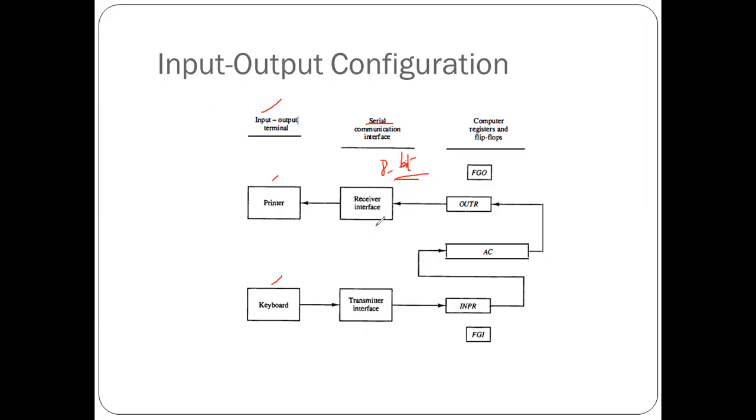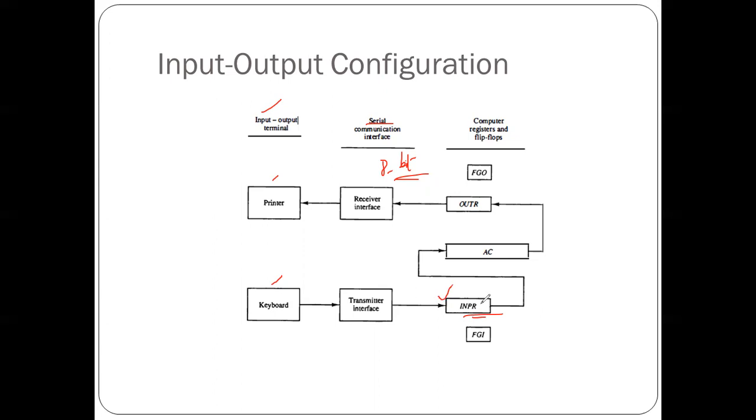So as you press a key on the keyboard, this serial information is transmitted and shifted into a register called the input register, INPR, which is of 8-bit width.